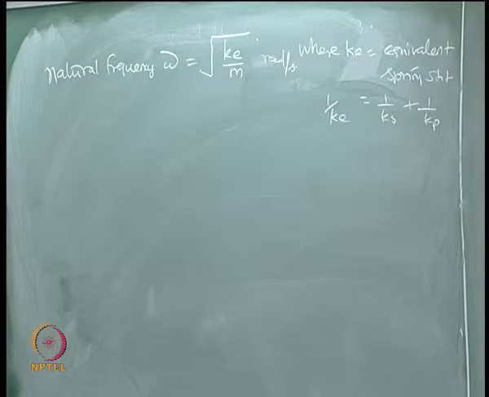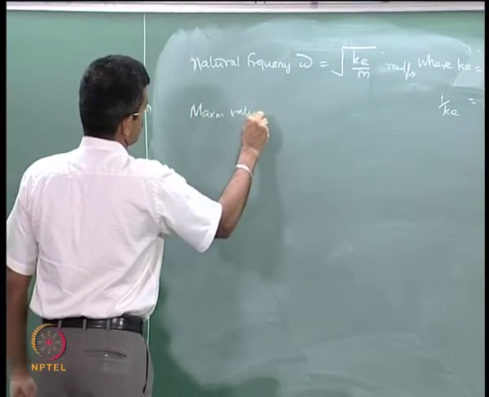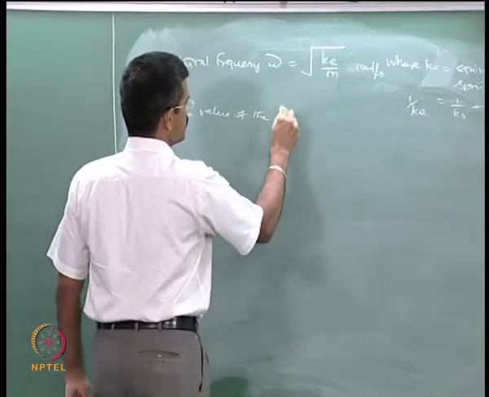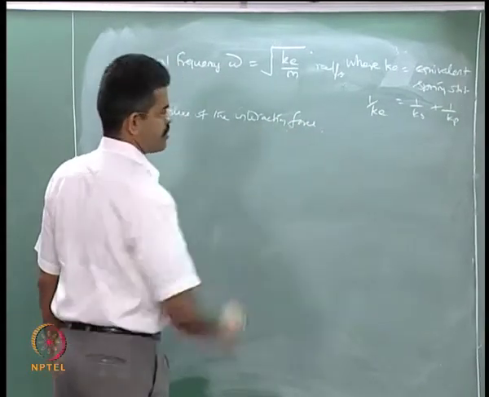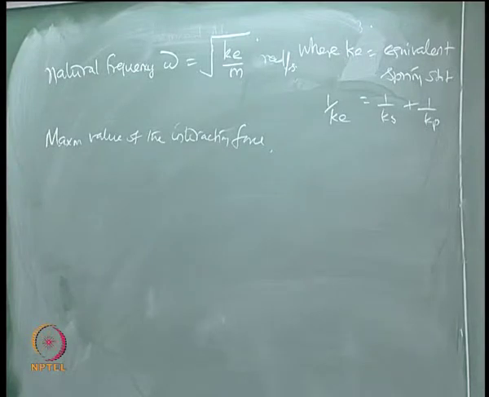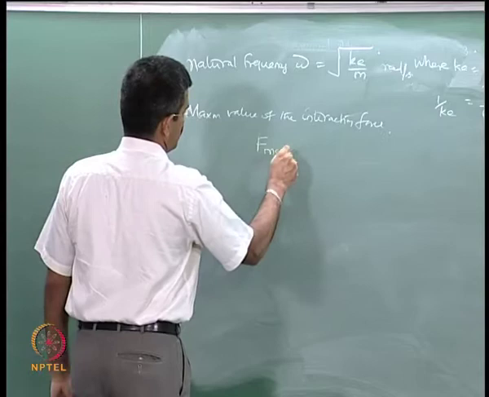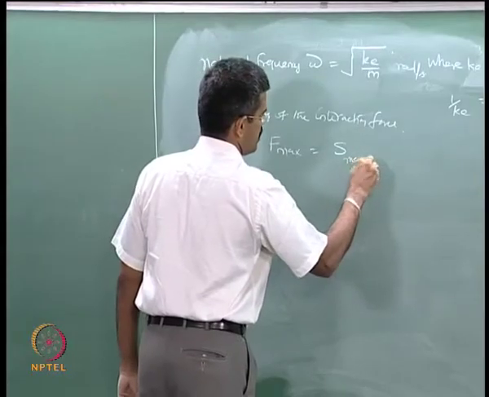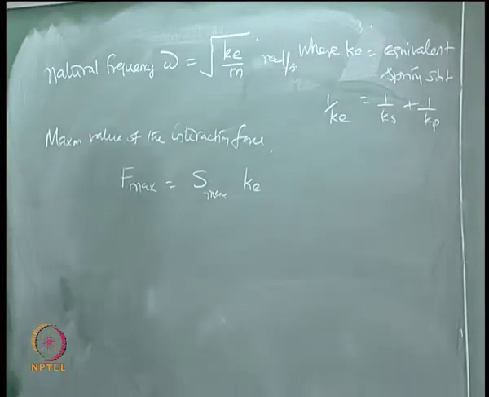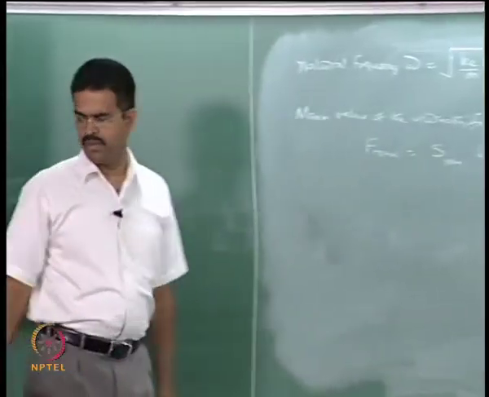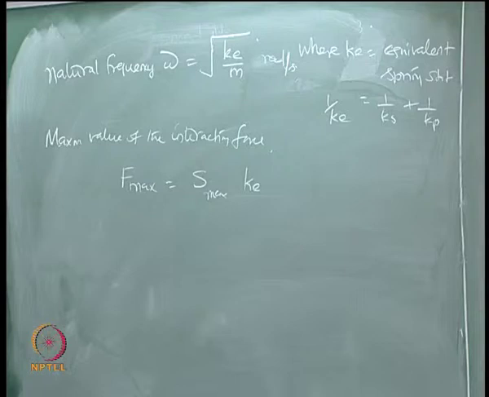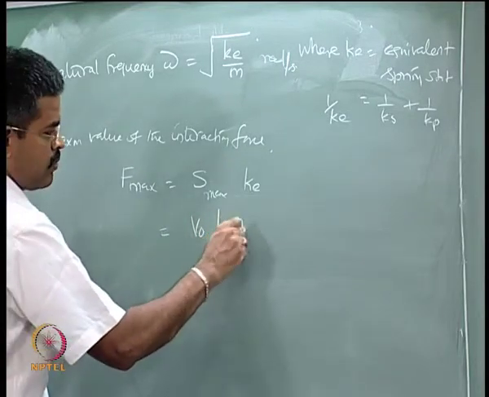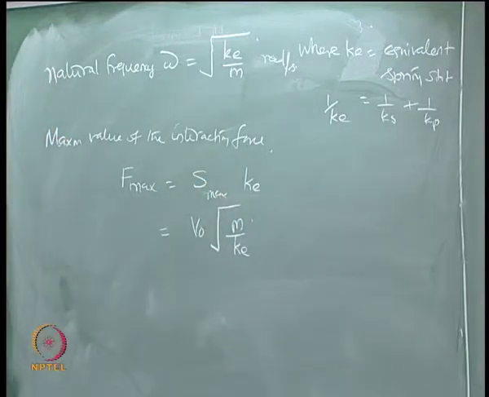So, let us find out the maximum value of the interacting force, which I call F max, which is S max into K. S we already have here, so I can simply say V naught root of m Ke is going to be F max.